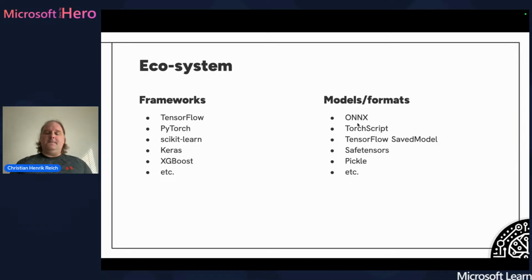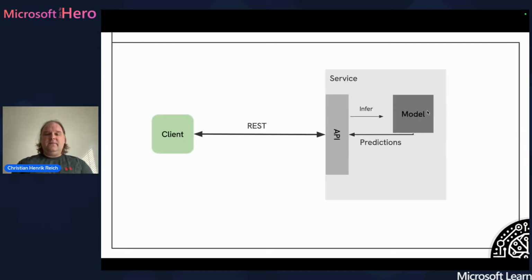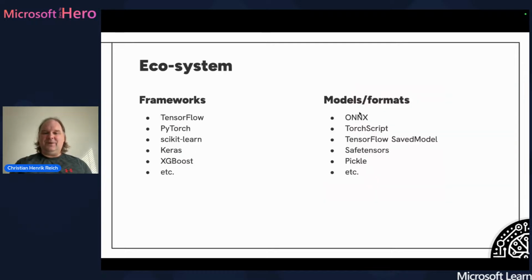Then we have model formats, so we can exchange models between the frameworks, but most important is that when we are having an AI service, we are having a web service actually, but we have a socket, and that socket can be compatible with, for example, ONNX or TorchScript and so forth.